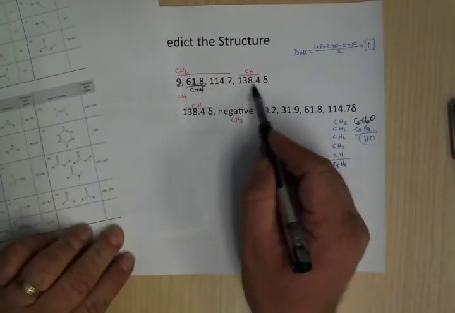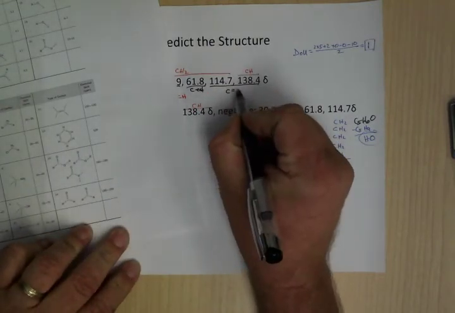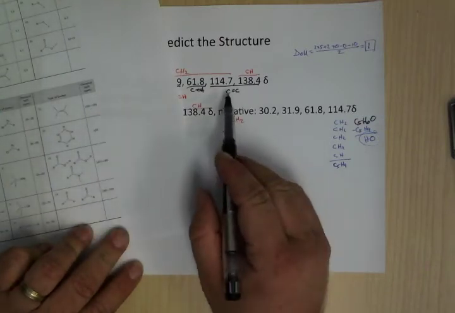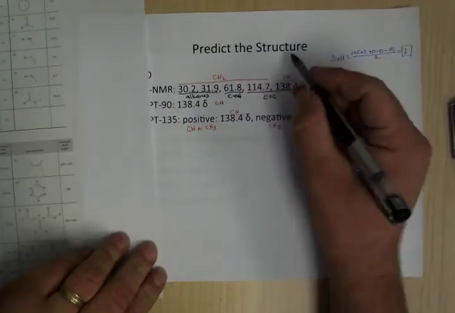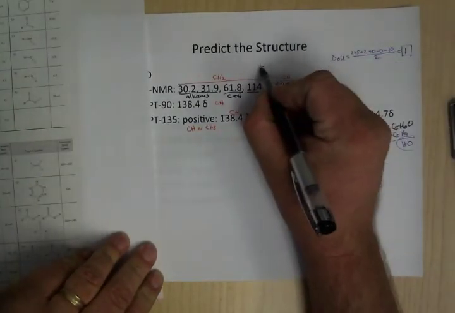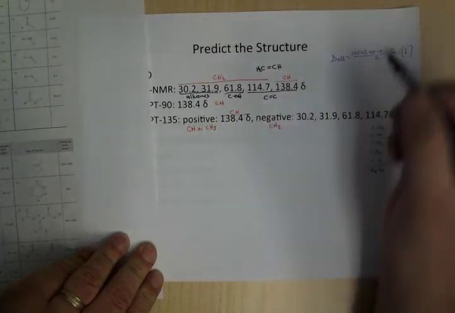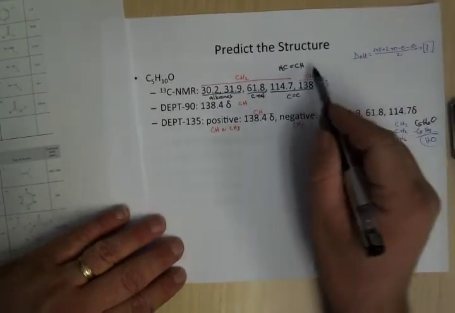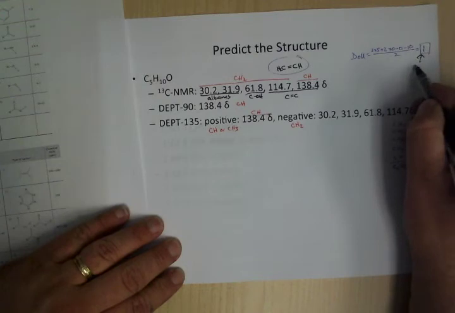Now these guys being so high falls into the range of carbon-carbon double bonds, about 100 to 150. Both of these are in here. This molecule is going to have a CH2 on one side of that double bond and a CH on the other. The nice thing is that this is going to be a pi bond.